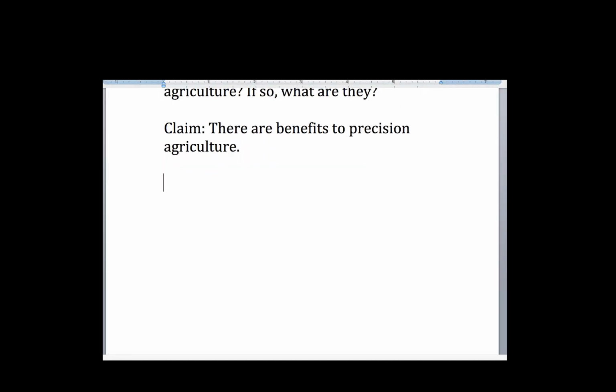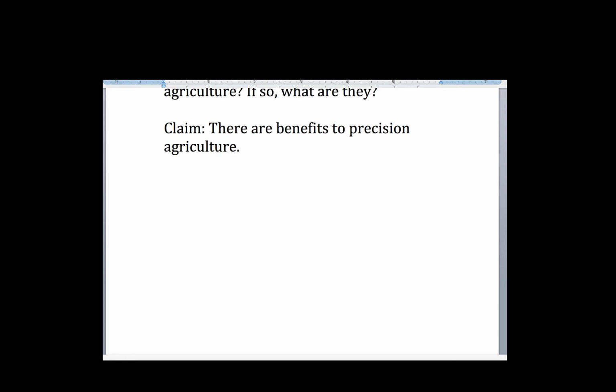So now I'm in a good position to actually begin the research for the paper. And I'm going to delve into it and find out what are the 4 to 6 major benefits of precision agriculture. So I'm not quite done with how I'm going to formulate this in my actual paper, but it is a good start.